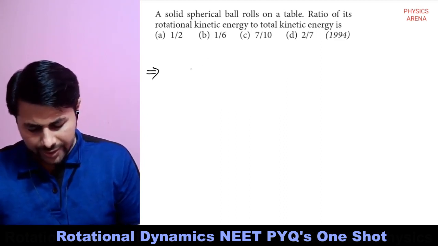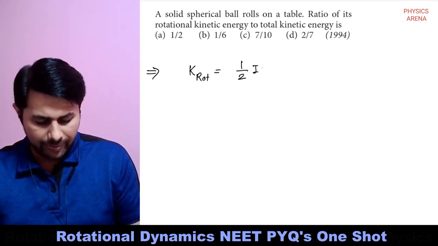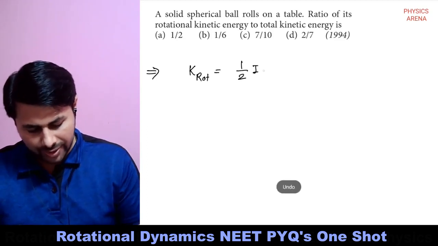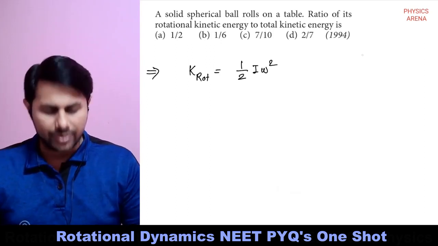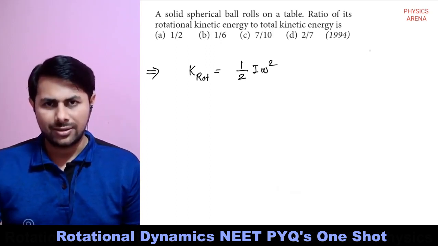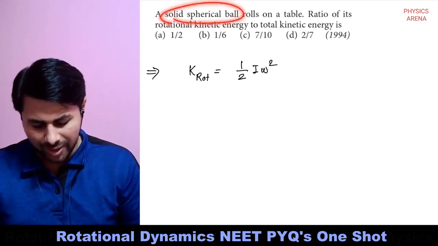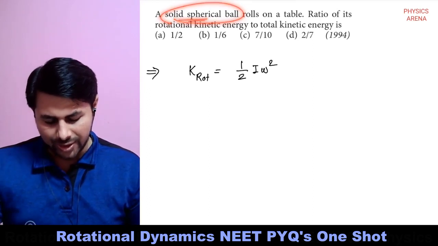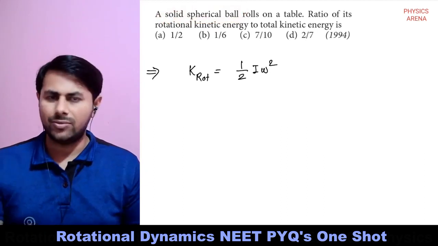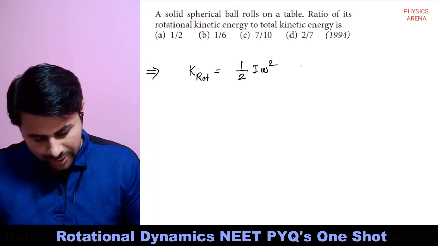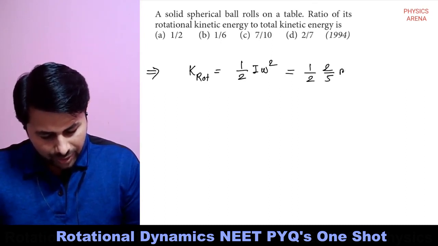We can say its kinetic energy of rotational motion is equal to half I omega square. And I is equal to mk square, or if you have memorized the formula for the moment of inertia of a spherical object, it is 2 by 5 mr square. So you can substitute that. This is equal to half of 2 by 5 mr square omega square.